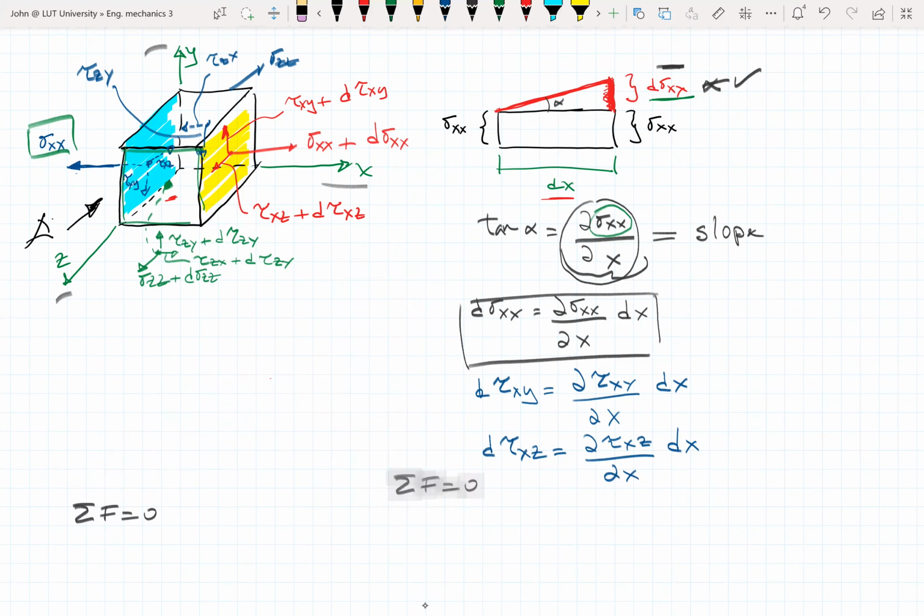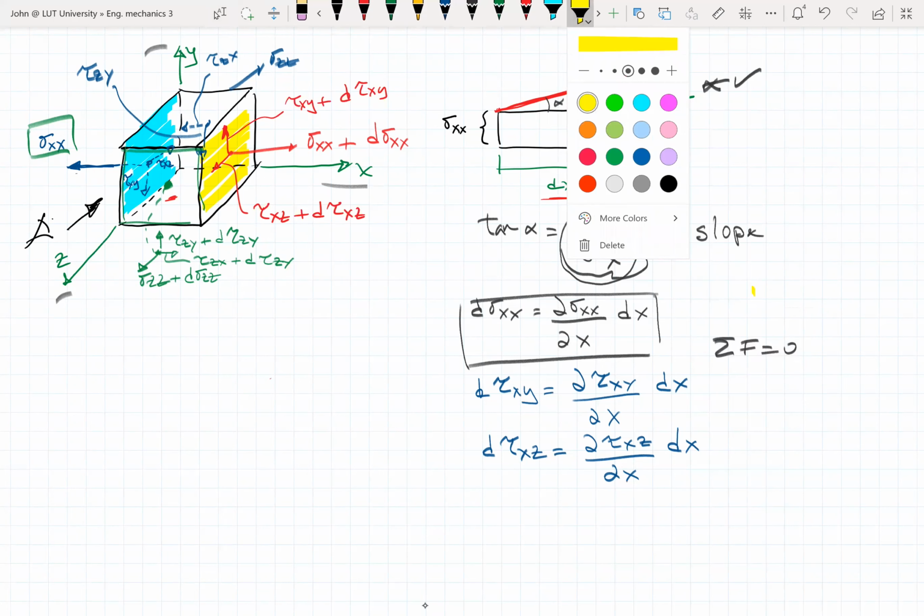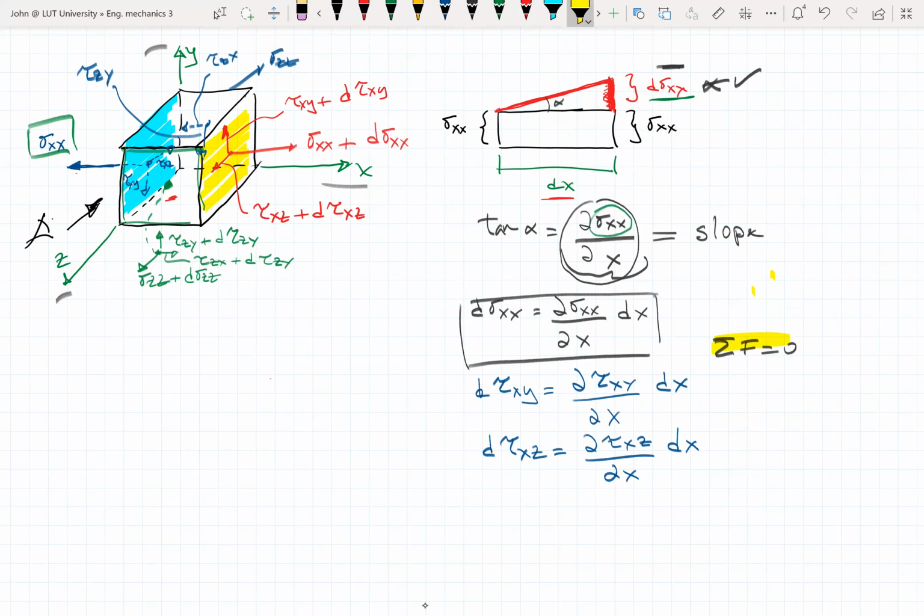This is what we're going to do. It's going to be complicated to do the 3 axes at the same time. So let's do just one axis.